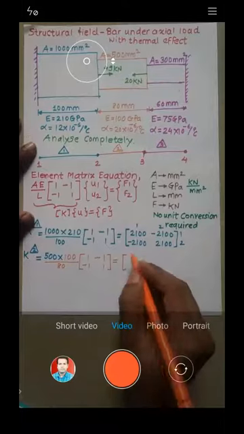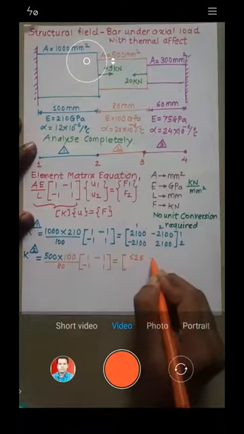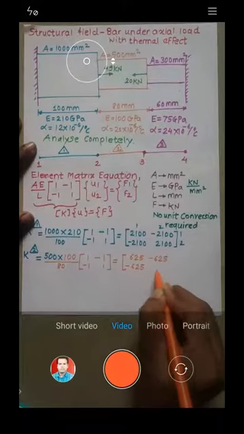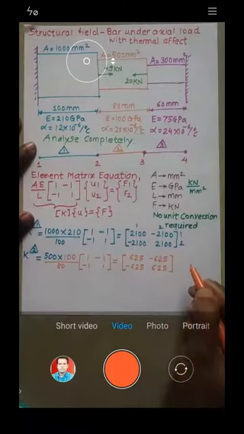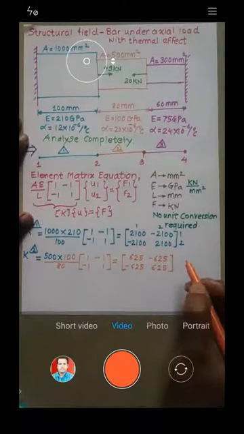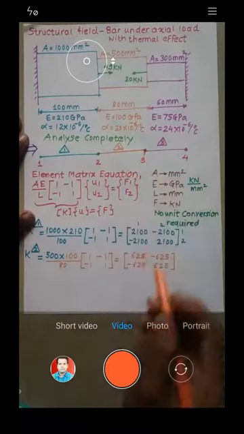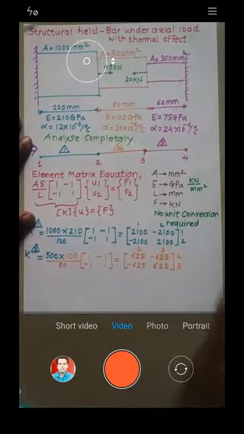Each of you should do the calculation. This is coming as 625. This is minus 625, minus 625, and plus 625. You just multiply inside the bracket. Now, element number 2 is between 2 and 3, so this is 2, 3, and this is again 2, 3.